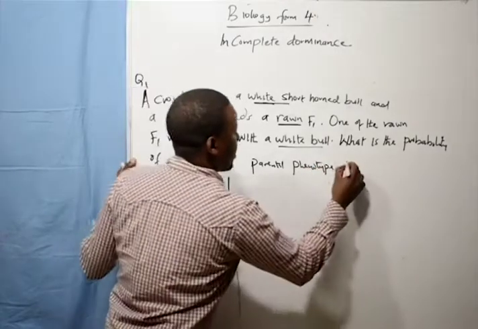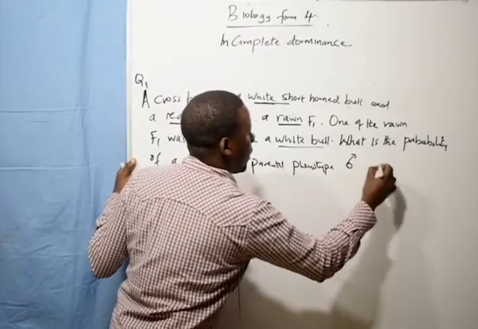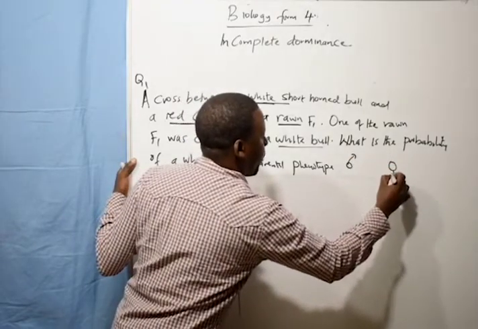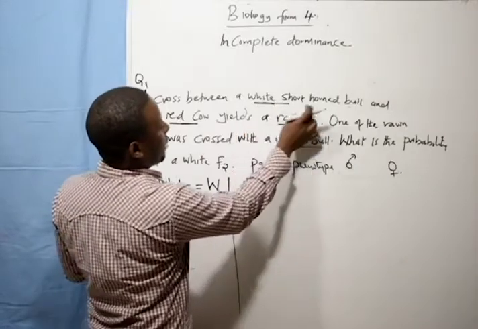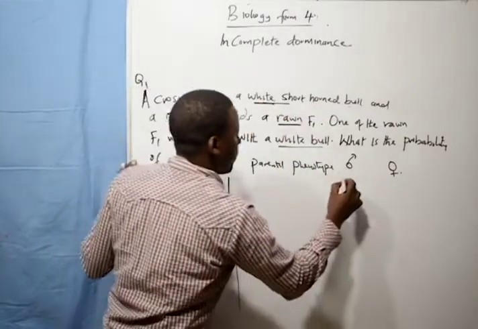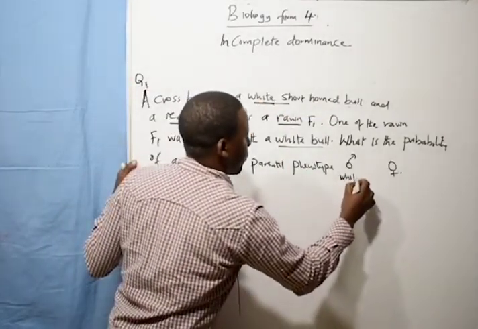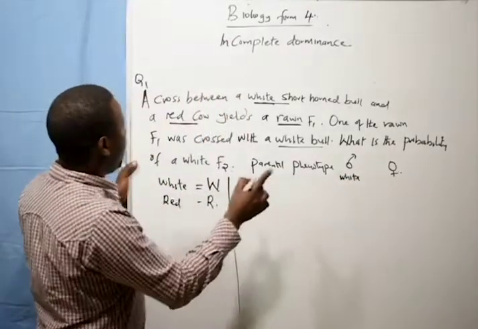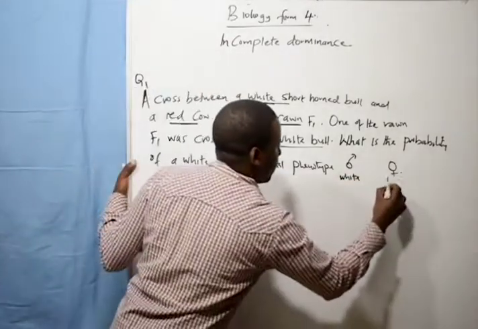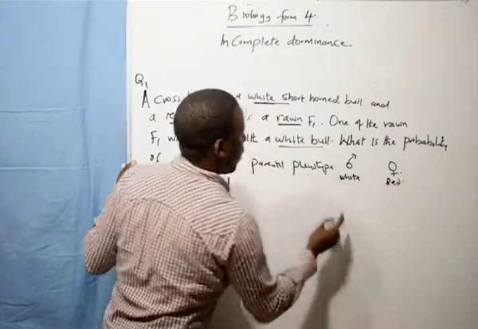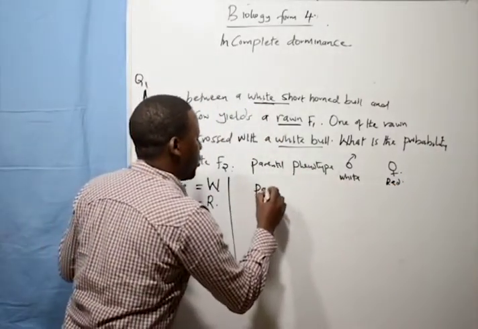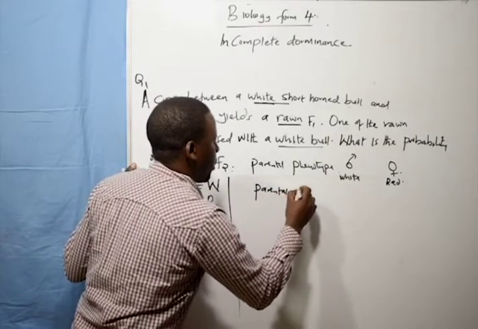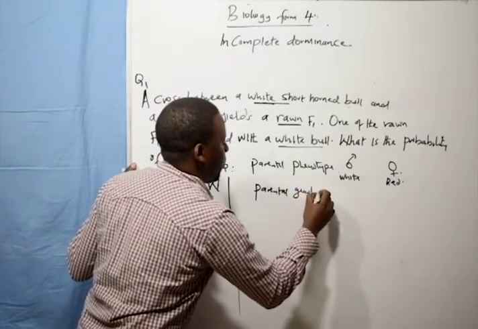Now, this is the sign for the male, and this is the sign for the female. The male is a bull, and is white. The female is red. Those are the parental phenotypes. Let's go to parental genotype.